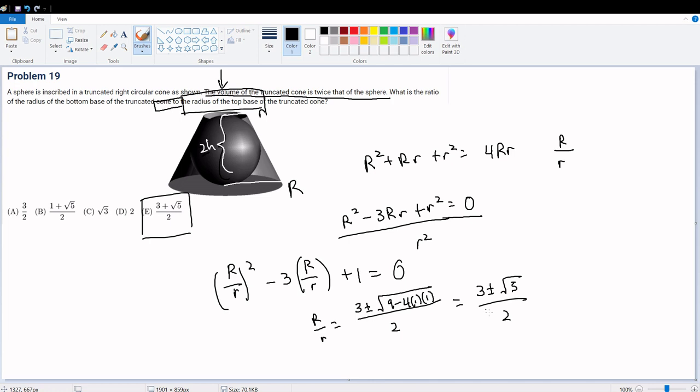And if we actually evaluate 3 minus root 5 over 2, we'll find that it is less than 1, which implies that little r is bigger than big R, which is just not true. So that is why we take the plus version of this, and we have our answer as E, and we are done.